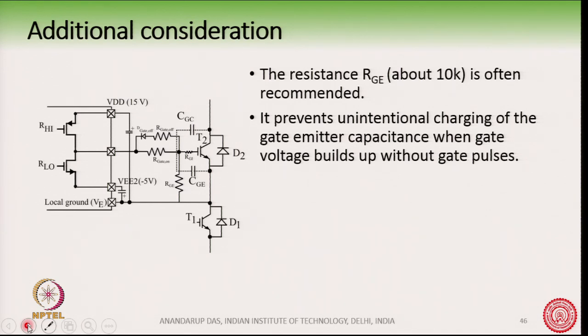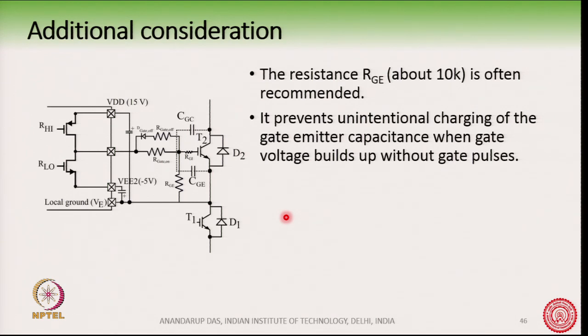Another consideration that you should keep in mind is this RGE. Often, if you keep the IGBT gate potential floating, it is not a good idea, because it can cause unintentional charging of the gate emitter capacitance.